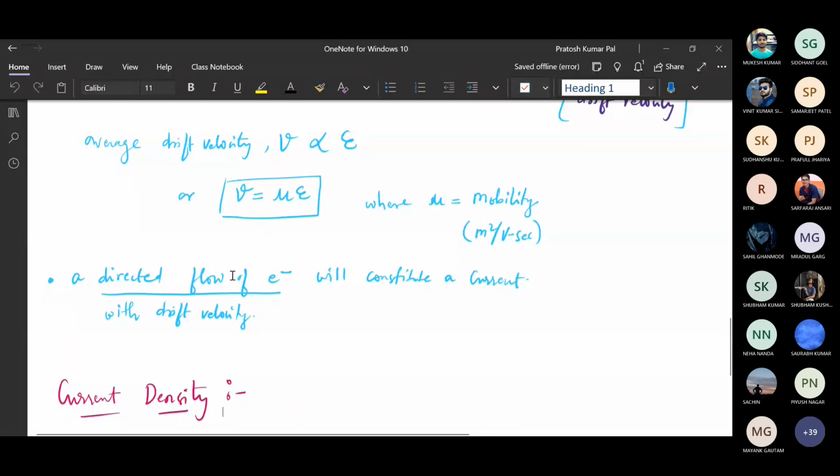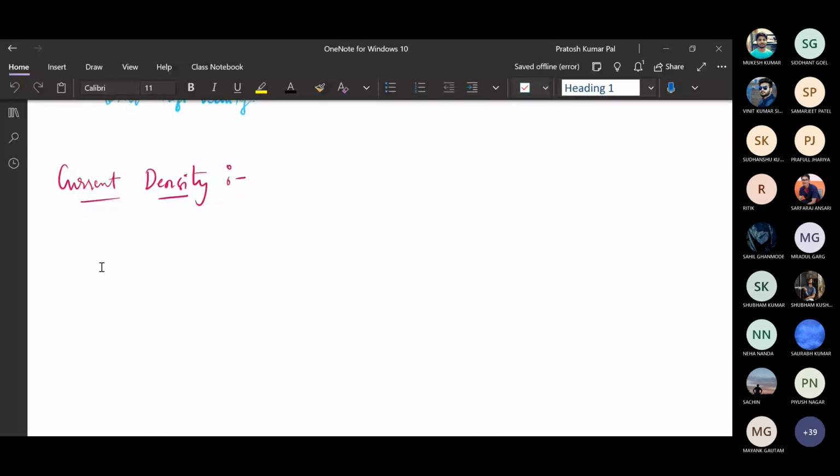Once thermal equilibrium has been obtained, the electrons have a constant velocity, that is called the drift velocity under the effect of the electric field. With respect to that, it constitutes a current.